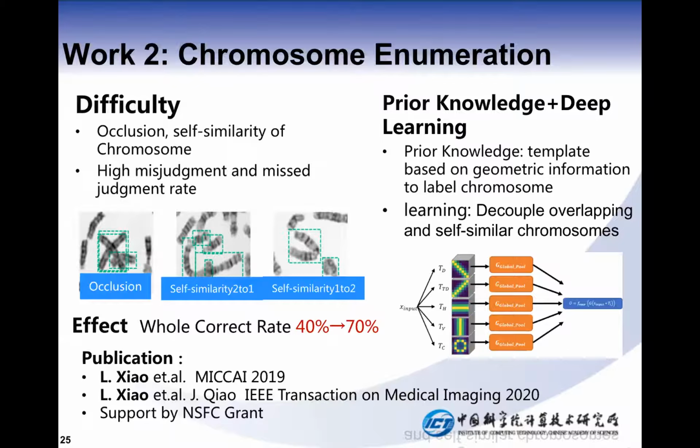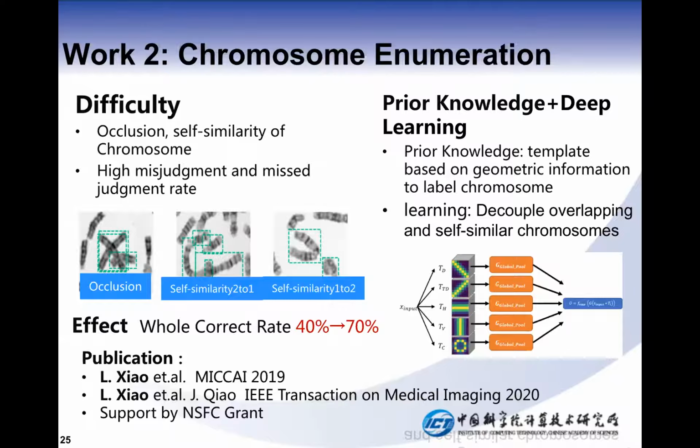So we develop 4 different templates according to the direction of the chromosome. For the highly banded chromosomes, we use a circle template to model them. So we define 5 templates and use them to decouple overlapping and self-similar chromosomes.